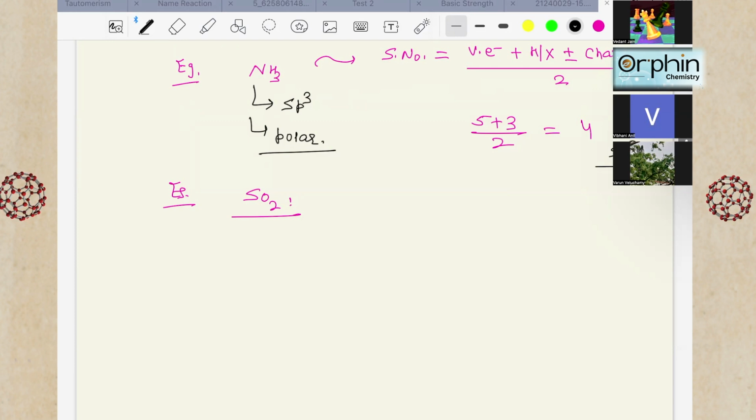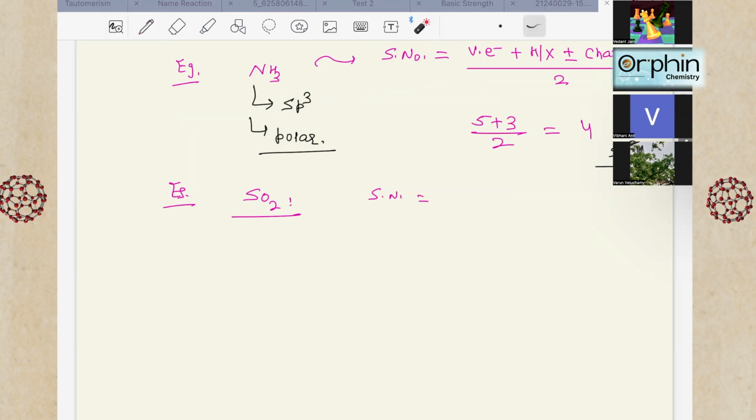Afik, polar. Vibhani, polar. Varun, polar. Vedant? Sir, I'm not sure. So how to find the hybridization? First, we have to find the hybridization. It is sp2.